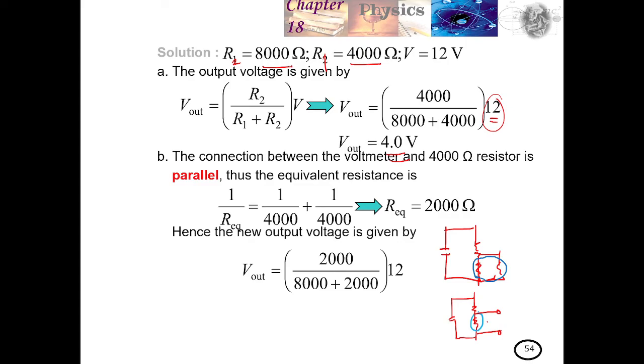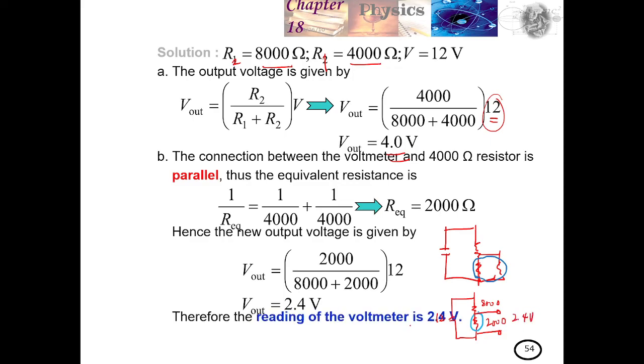This is 2000 because it is the equivalent of 2000, and this is 8000. Then V out coming out here is 2.4 volts. Therefore, the reading of the voltmeter is 2.4 volts.